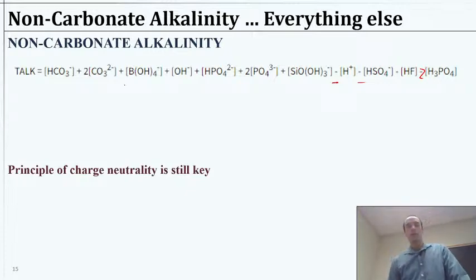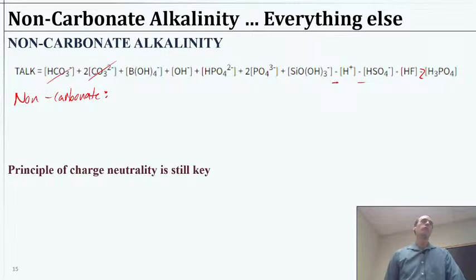So the point is, if we do non-carbonate alkalinity, without spending too much time wondering if they're wrong, the non-carbonate would be just simply we get rid of the carbonate terms, and that's everything else, right? That's the point. Okay, and ultimately these systems are governed by charge neutrality.